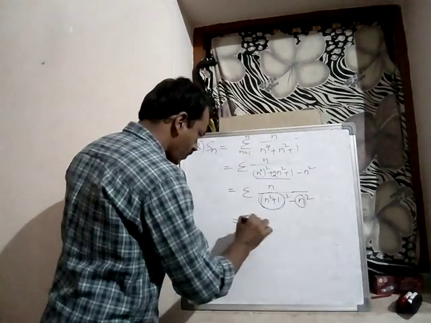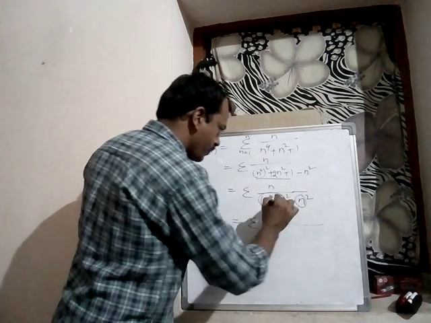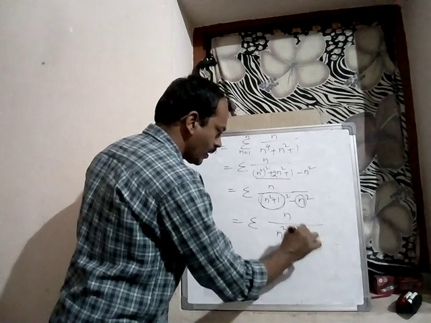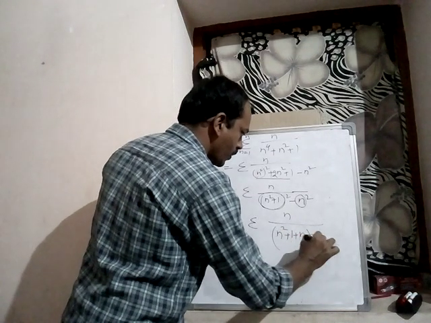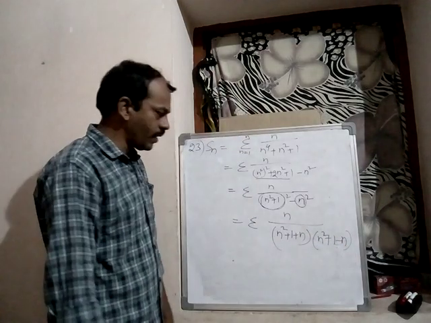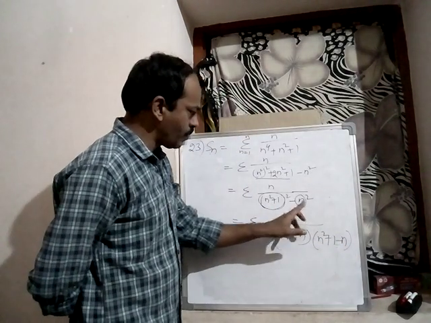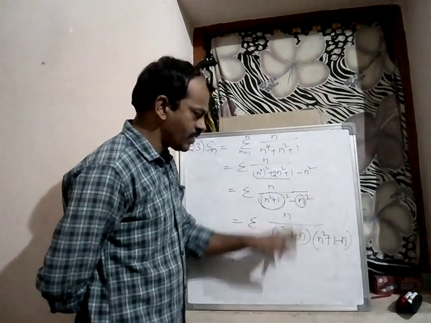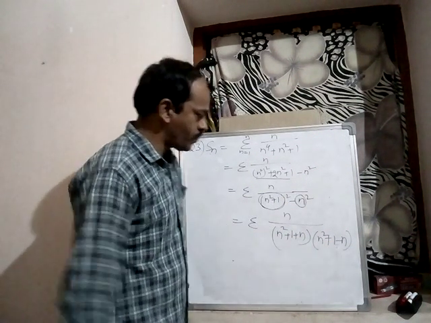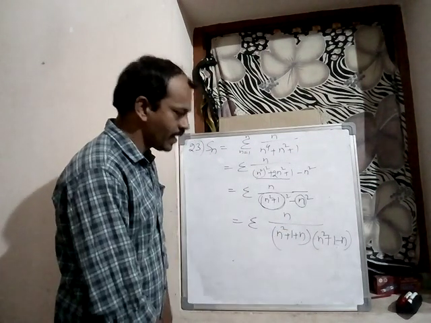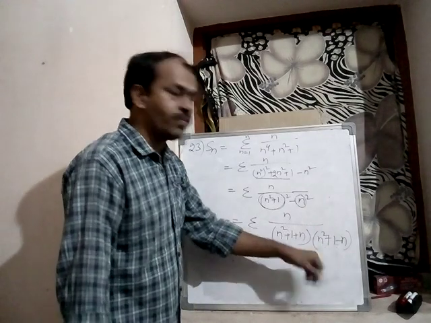So here sigma n by n square plus 1 plus n, into n square plus 1 minus n. So we get n by n square plus 1 plus n into n square plus 1 minus n.